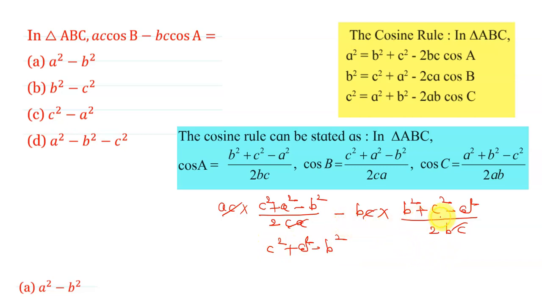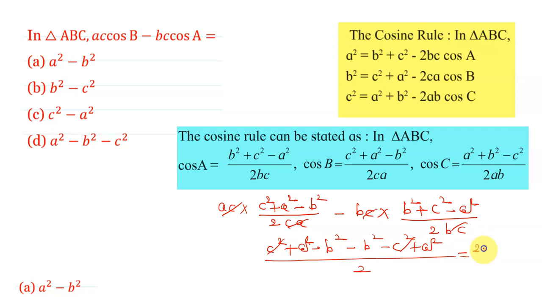Here the minus sign, the signs inside will change, and hence you will get minus B square minus C square plus A square, this whole divided by 2. Okay, now plus C square minus C square get cancelled. Next is A square plus A square, you will get 2 times A square.